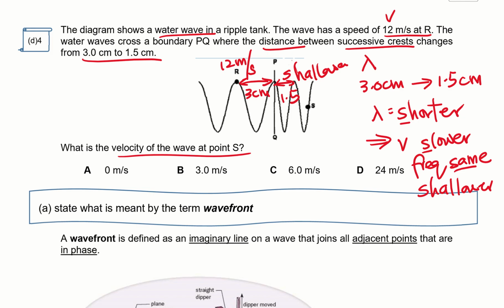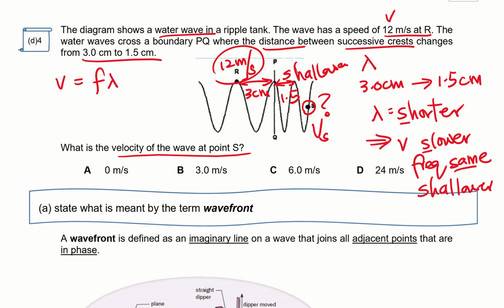Now, what's the velocity of the wave at point S? So they are asking for here. At R, it is 12 meters per second. What is the velocity at S? Let's use the formula V equals F lambda. In physics, it's very common to use this method. What is the thing that is common between these two cases? Now we have two cases, one is deep, one is shallow.